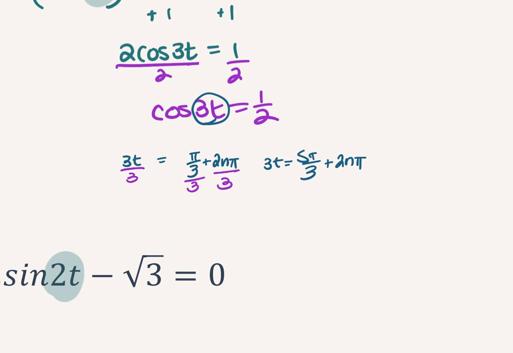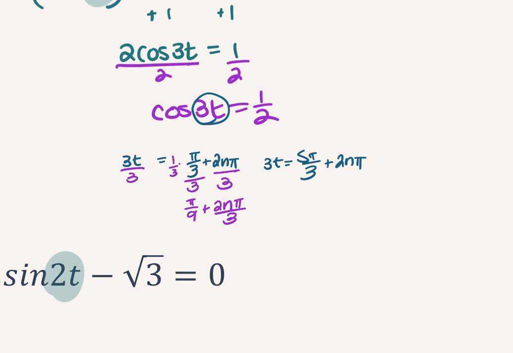So both parts of those answers get divided by 3. So this would be like multiplying by 1/3, and this would be pi over 9 plus 2n pi over 3, or 2/3 n pi. So not only does that multiple angle thing that's attached to the variable change your answer for the angle, it also changes the increment. So it's important you wait until after you've added on the interval to then divide by whatever's next to it.